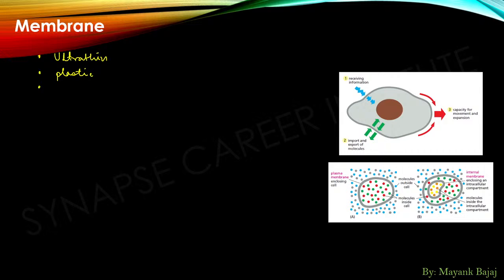Dynamic molecular proteins are present in them, or it can be lipids, or it can be carbohydrates as well, because it is a mixture of all the three. It has proteins, carbohydrates, and lipids. This is the basic composition of a membrane.